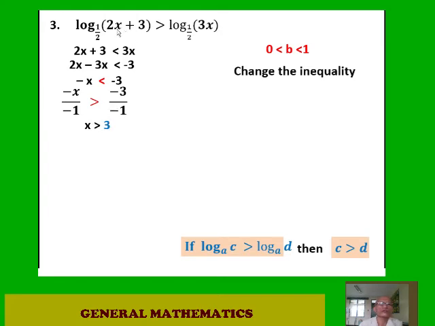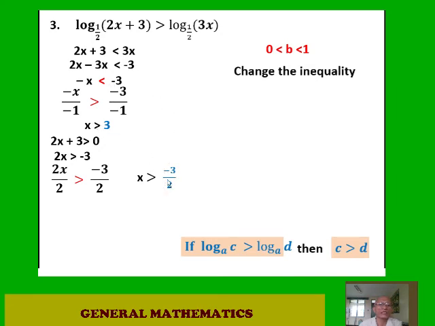We will also add that 2x plus 3 must be greater than 0, and also 3x must be greater than 0. So 2x plus 3 is greater than 0. Solving, x is greater than negative 3 halves.